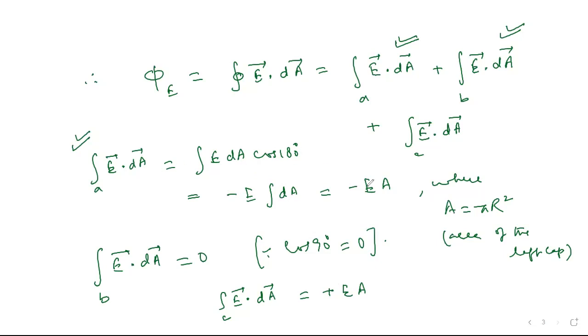So one term is minus EA, the second term is 0, and the third term is plus EA. So what is the total flux now through the surface? Therefore, phi E is minus EA plus 0 plus EA.